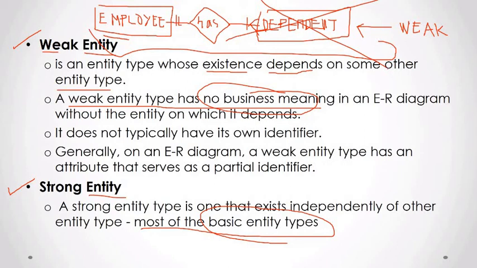So that's why, from the perspective of the company, the employee is important, because without them, the company will not also exist. So that entity is important. And in that case, we can consider employee as a strong entity. Okay? So, those are the differences.